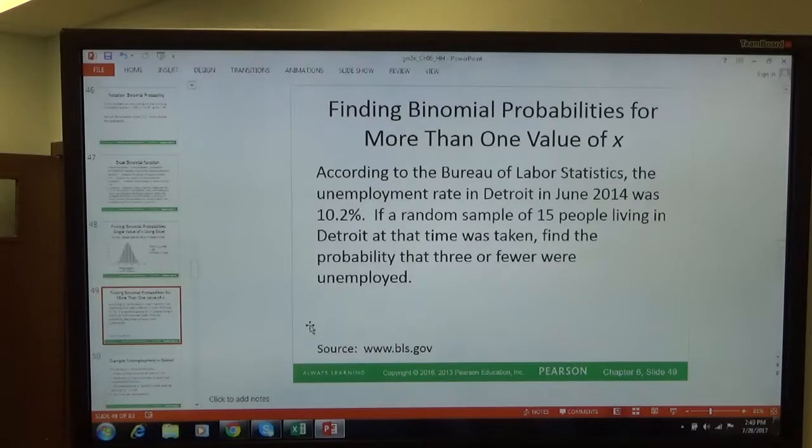What is the probability that 3 or fewer were unemployed? Less than or equal to 3. Three or fewer is cumulative. It can be 0, 1, 2, 3, cumulative.